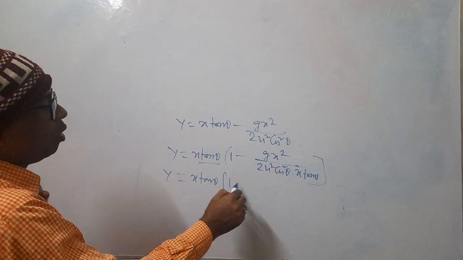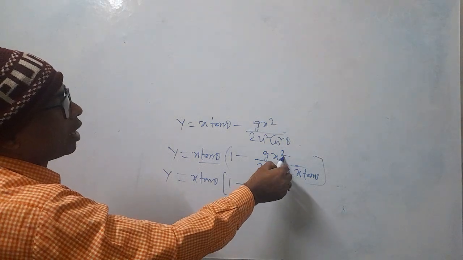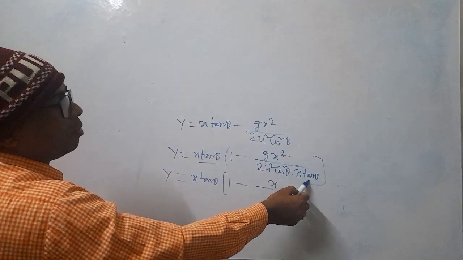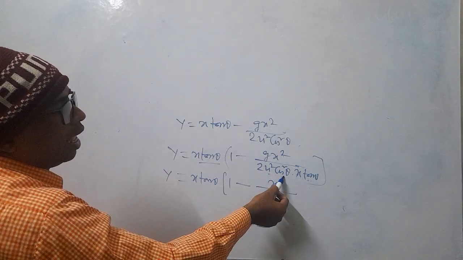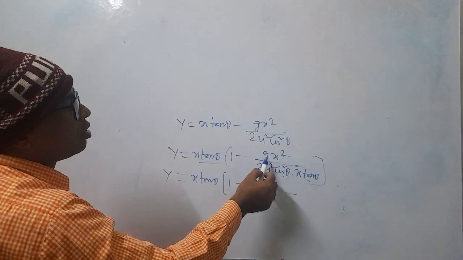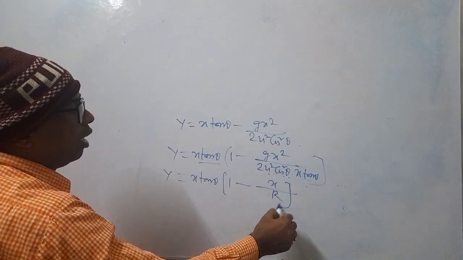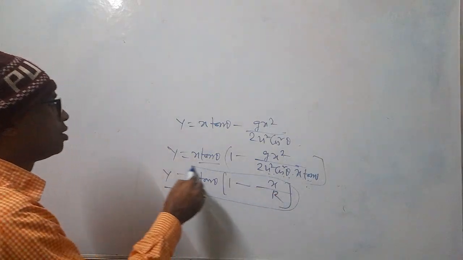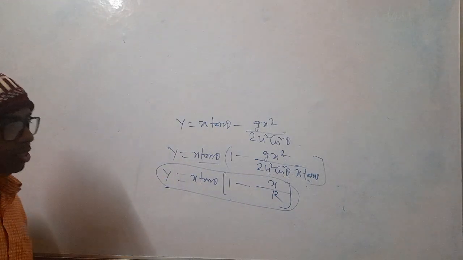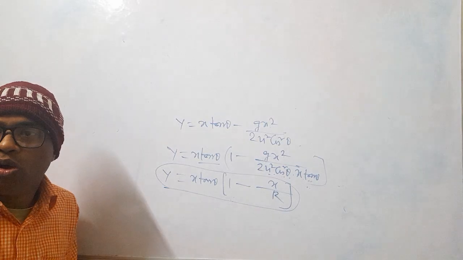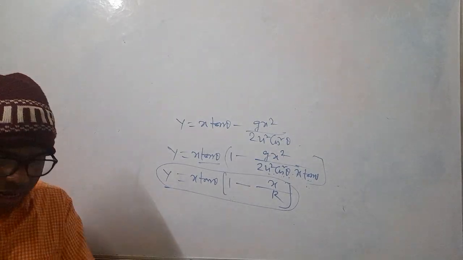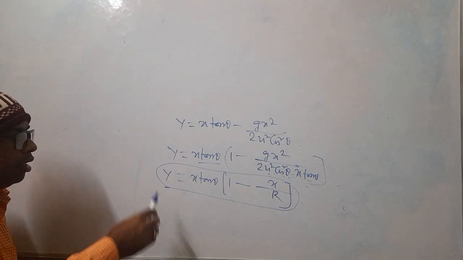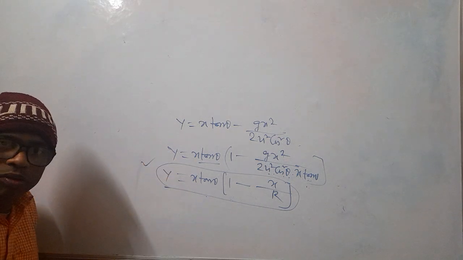So x tan theta into 1 minus, x cancels, x by this is the formula of r, because sin by cos, cos cancels, 2u square sin theta cos theta by g, so x by r. So that is another trajectory equation of the projectile: y equals x tan theta into 1 minus x by r. Okay, so this is another type of projectile.